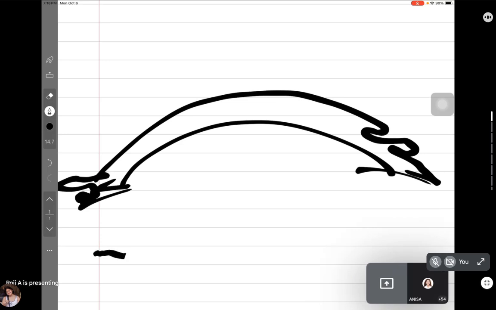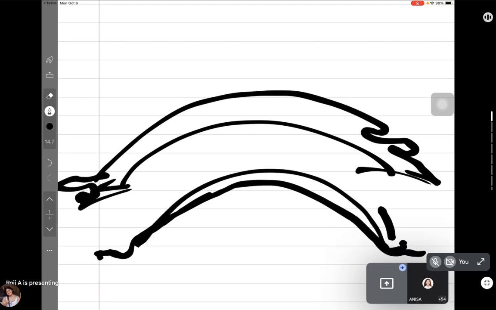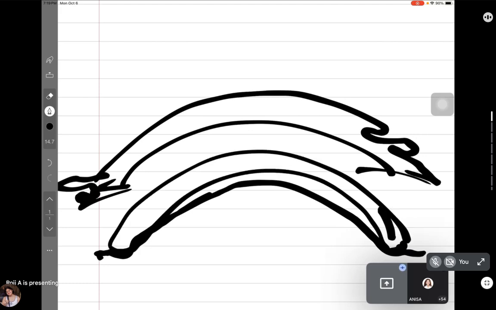Nagkaroon tuloy ng mark. Nagkaroon ng indentation, no? Ayan, ibig sabihin, napaka-tight ng contact lens nung suot mo yan. Nung tinanggal, merong indentation. Merong footprints. Does that make sense? Di ba pag umapak ka sa sand, anong nakikita mo? Footprints. Di ba?